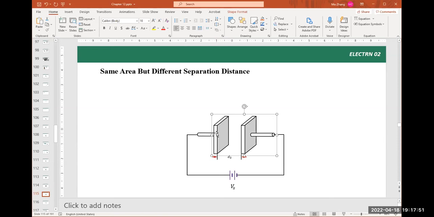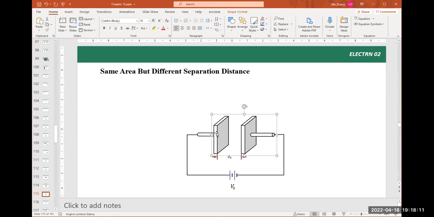Some electrons on the first plate are in downtown LA, and the electrons on the other plate are in New York City. The attraction between the electrons on both plates is very weak.